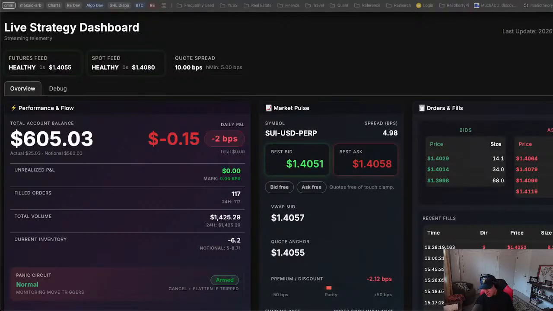So I'll have to investigate that a little more, make some more tweaks on it, and see if I can get some more trades here on this. So anyway, it's very much an iterative process of testing stuff out, letting it run for a bit, analyzing the results, making some changes, getting another version out there.